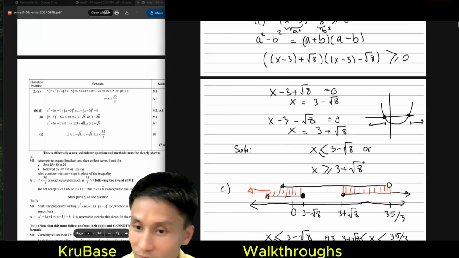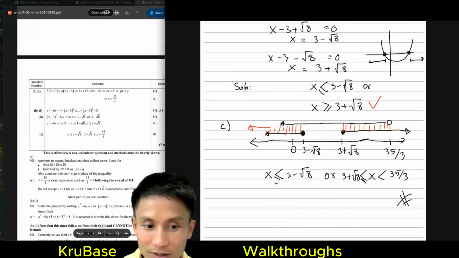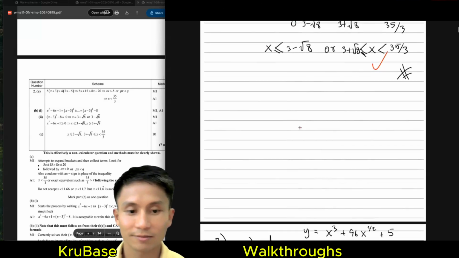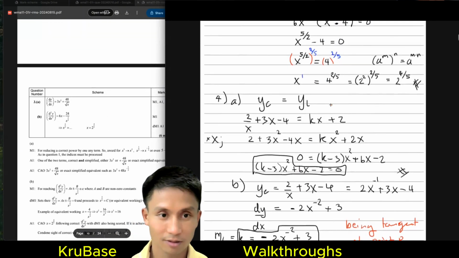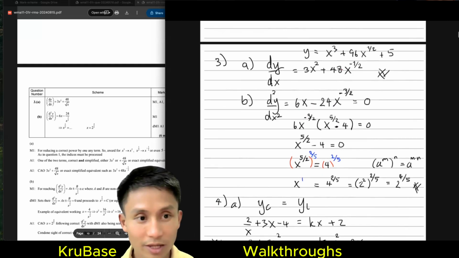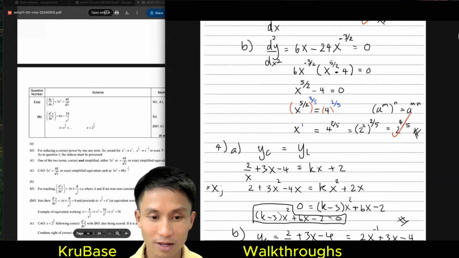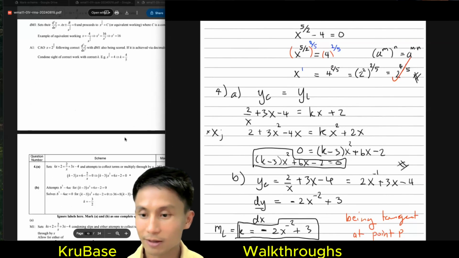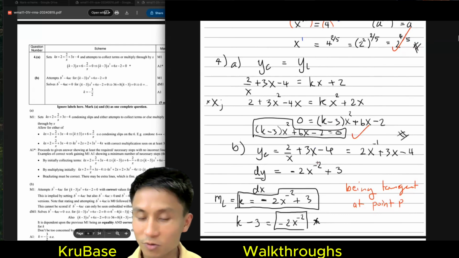X less than 3 minus root 8 or x greater than 3 plus root 8. And this is the C part here. Yeah, that's fine. Number 3a should get that. That's right. 2 to the 4 over 5. That's right. Number 4. Yeah, this is as required.